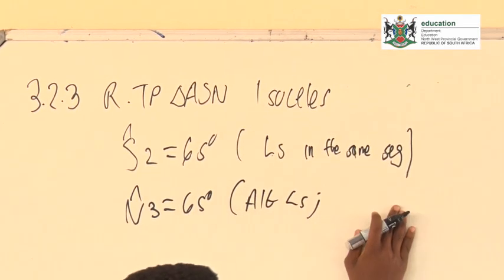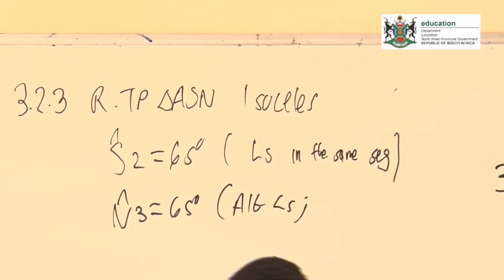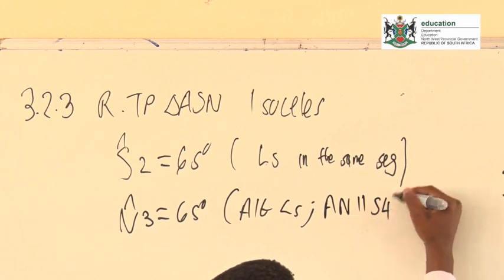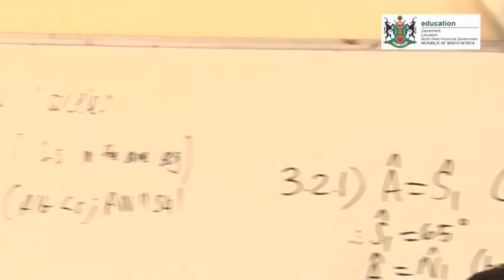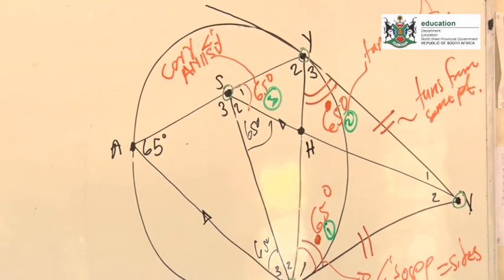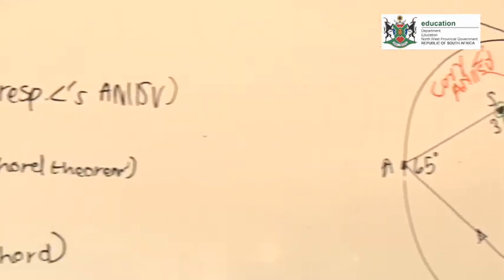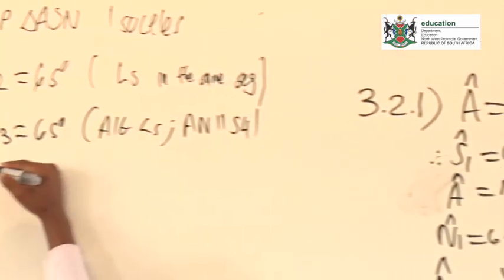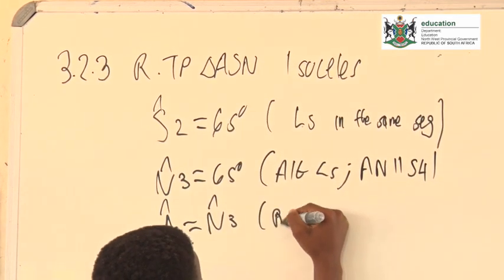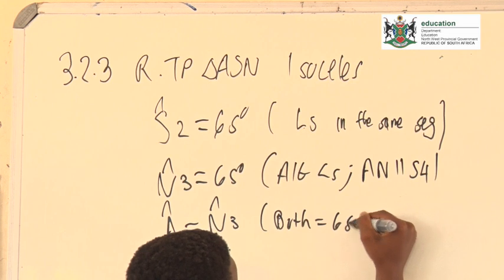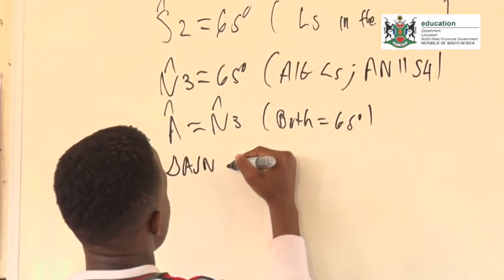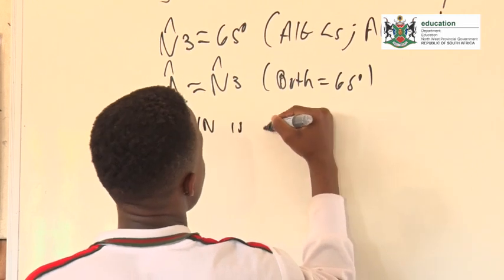Alternating angles, parallel lines AN parallel to SB. And therefore angle A and angle N3 are equal, and we wanted to prove that two angles in the triangle are equal. So angle A is equal to angle N3 because they are both equal to 65 degrees. We have therefore proven that ASN is an isosceles triangle.